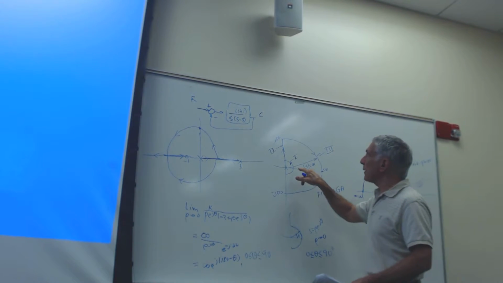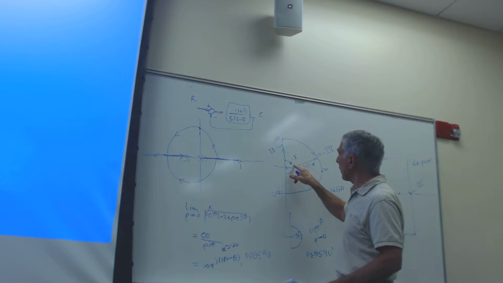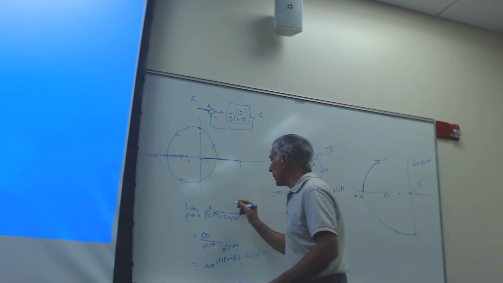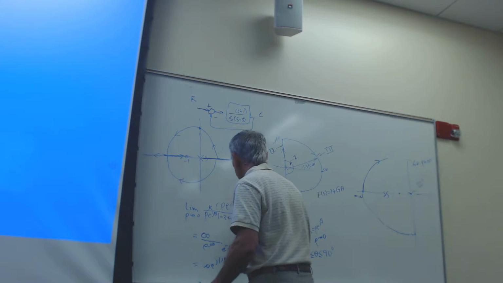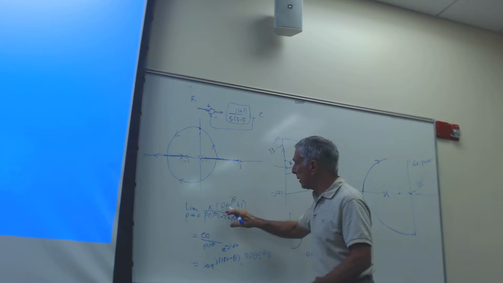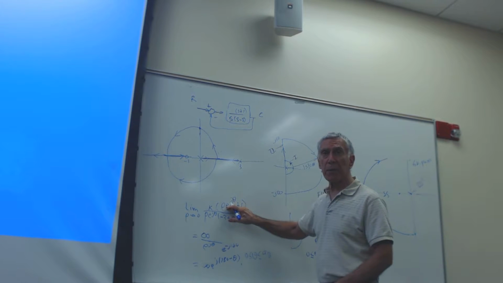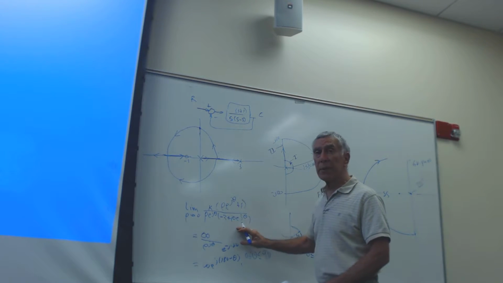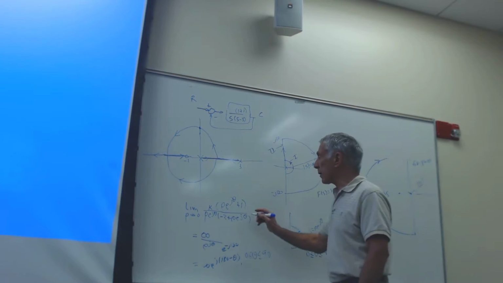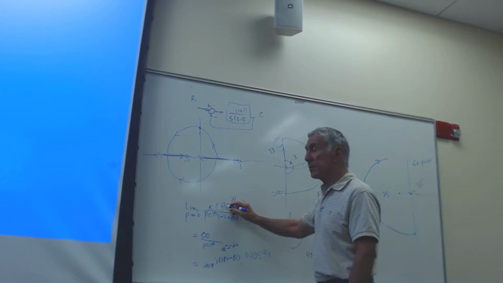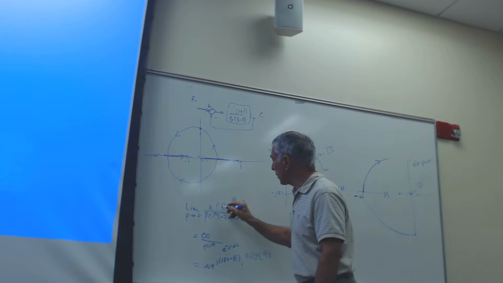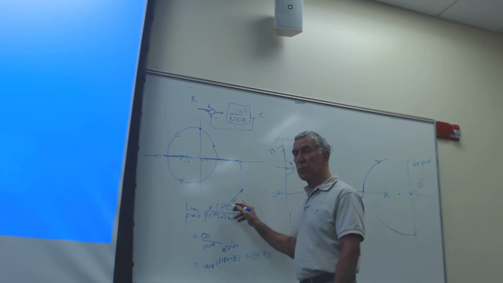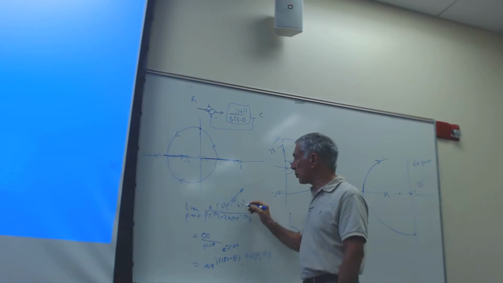So again, what we need to do is move along this segment, and here what we'll have is rho e to the j theta plus 1, right? So in s plus 1, the s has been replaced by rho e to the j theta. The denominator is the same, and we're going to let rho go to 0. This term here will go away, because rho is going to 0. All we have left is 1.